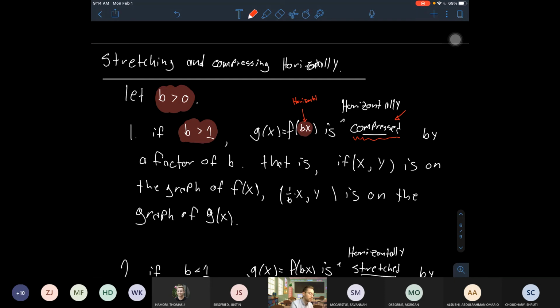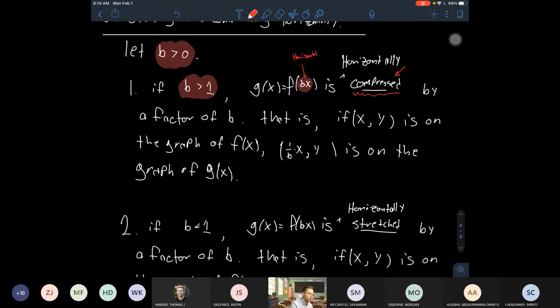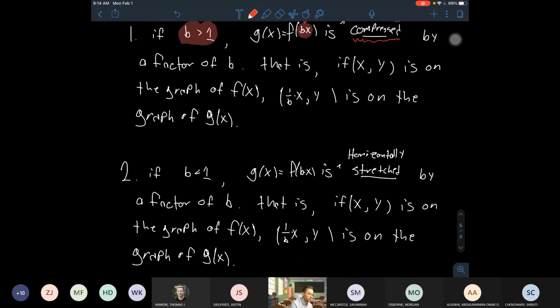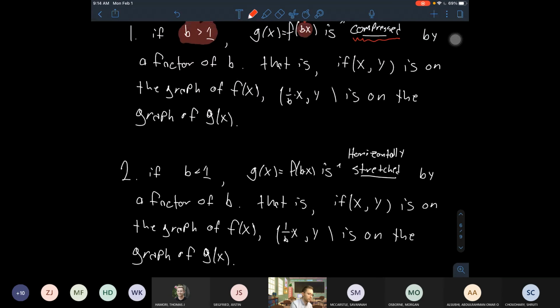When A was larger than 1, we got a vertical stretch, whereas if B is larger than 1 on the inside, we're going to get a horizontal compression. Likewise, if B is less than 1, then the graph is going to be horizontally stretched.